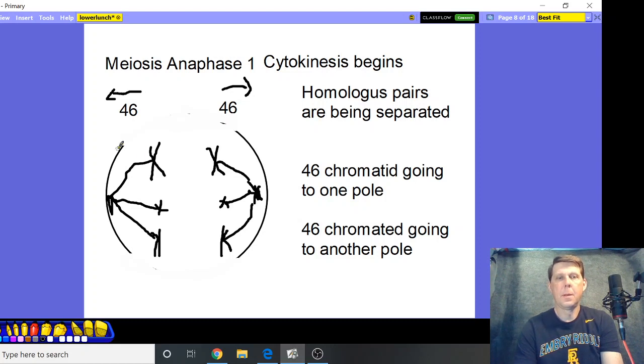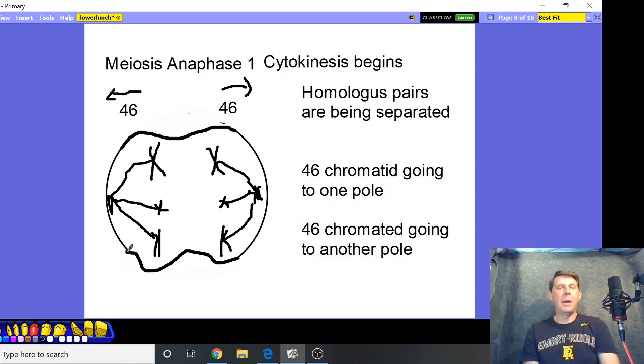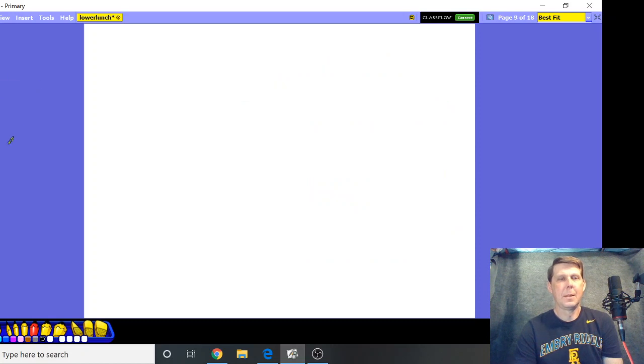Get that cleavage furrow going. That's not bad. Well, it's not good either, but it's not bad. All right, cytokinesis begins in anaphase. I tell you, some things don't change.